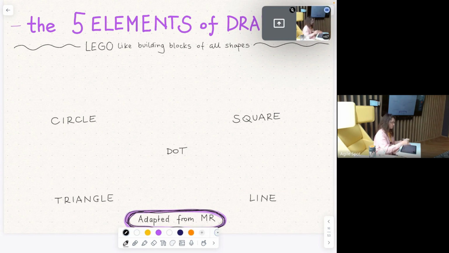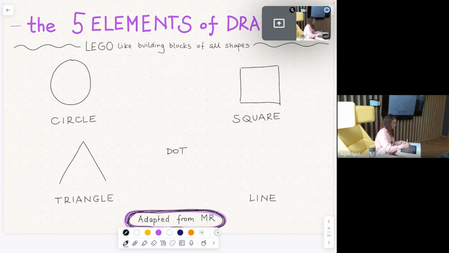So we have a circle, a square, a triangle, a dot, and I like making dots that are kind of empty inside, but that's a preference, and a line.